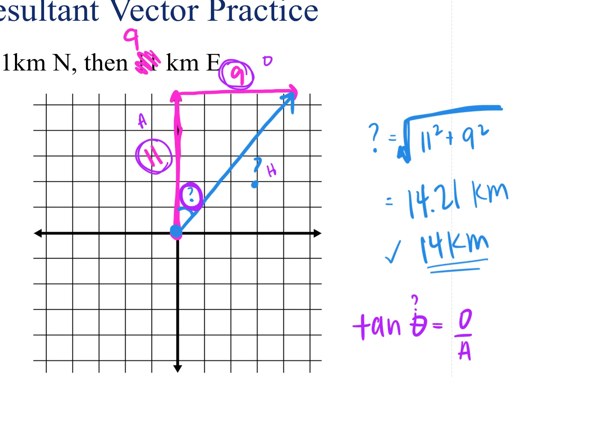So I'm going to press second tangent, and that'll open up a parenthesis with me, but it'll look like this: tangent -1, and I'm going to enter the opposite side divided by the adjacent side. So second tangent of opposite over adjacent, and I get 39.3 degrees.